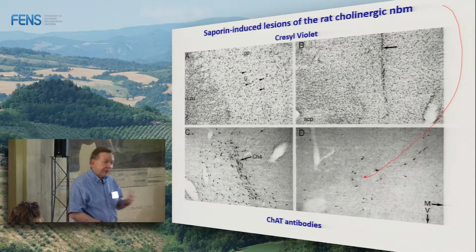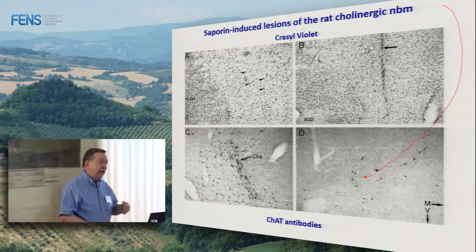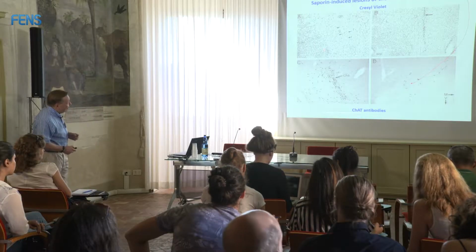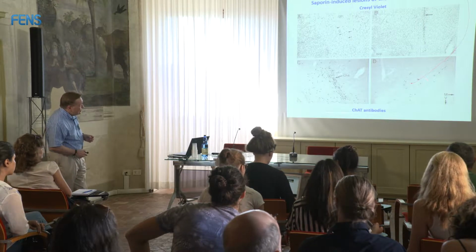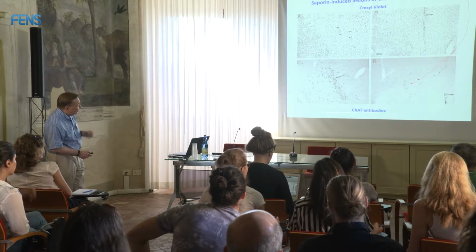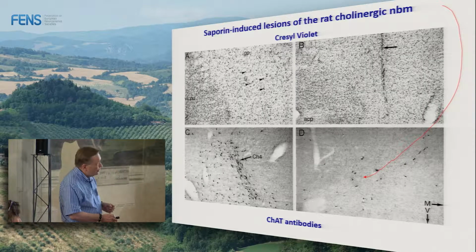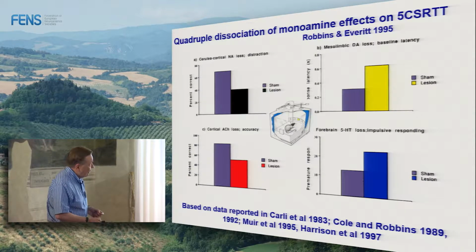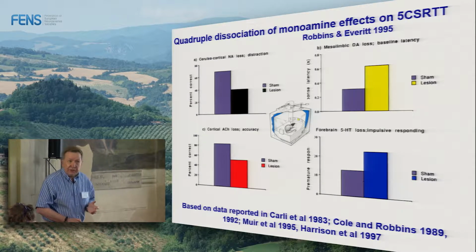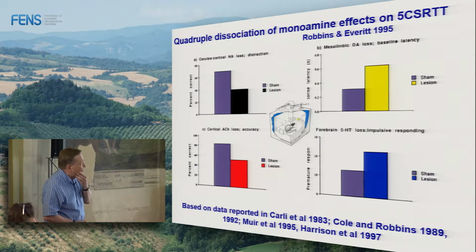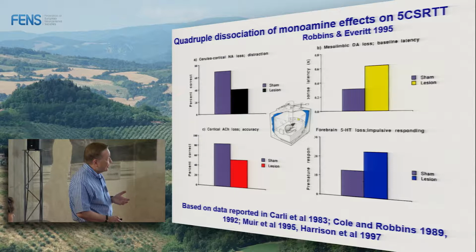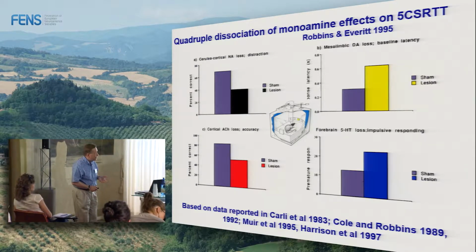Now here's a way of tackling the cholinergic system. It proved to be quite a difficult system to manipulate with toxins in the early days, but using an antibody immunotoxin, saporin, we're able to remove cholinergic neurons from the level of the basal forebrain, as you can see in this stained section. And using these kinds of procedures, in this attentional task we're able to show really different effects of these treatments, suggesting different functions of these systems. Martin's going to talk much more about this general phenomenon, but the loss of acetylcholine can impair attention rather specifically.